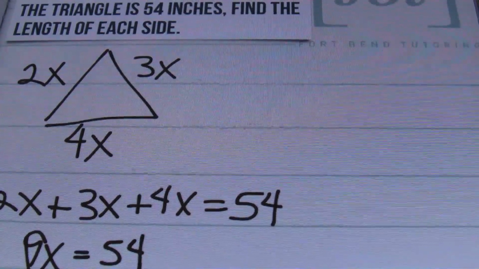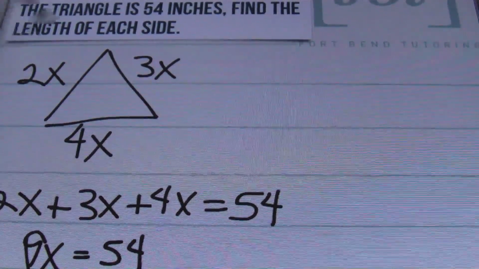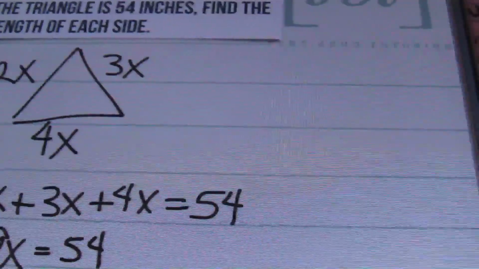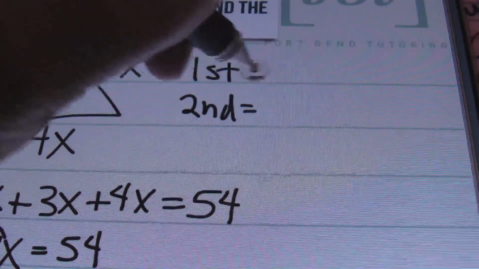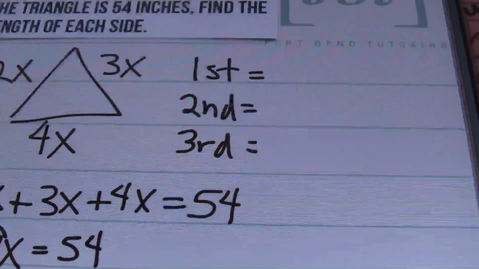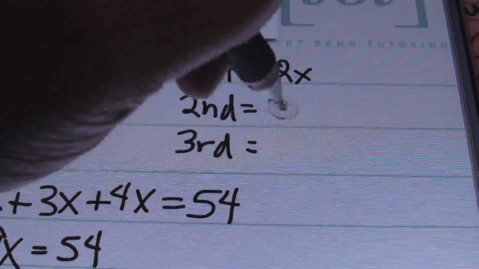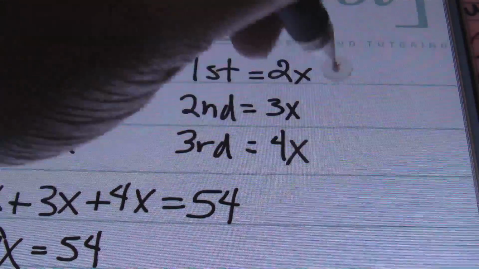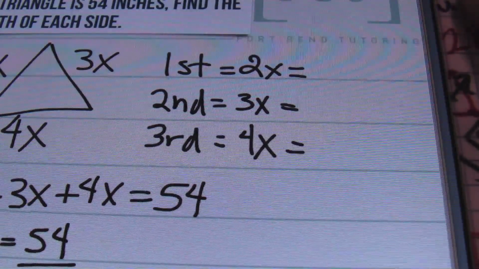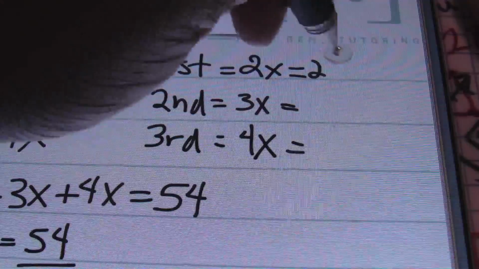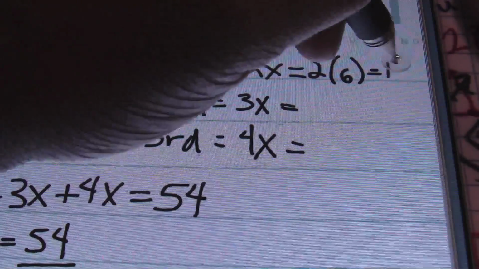So remember, my 3 sides of the triangle here were 2x, 3x, and 4x. So if the first side, second side, and third side were being represented by 2x, 3x, and 4x, now all you have to do is plug in 6 for x to find out what these values are. So this is going to be 2 times 6, which is 12.